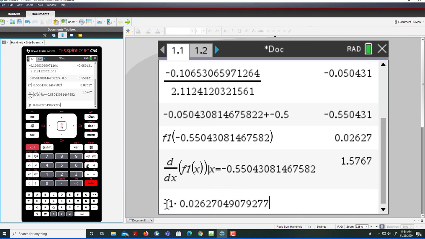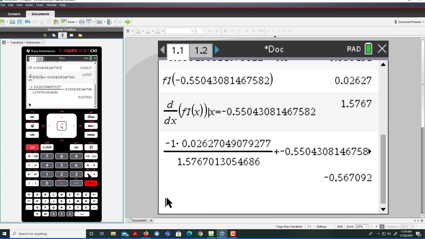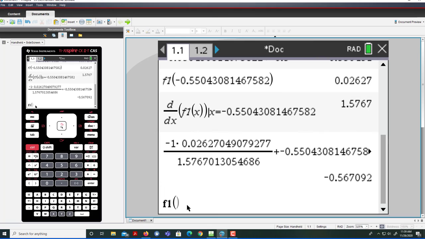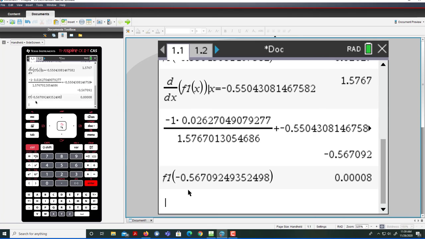Then I'm going to divide that by that. Come on, copy it. Then I'm going to add, because it's a negative number, and I get that x is negative 0.567 yada yada. Now I'm going to evaluate my function there and see if I'm done.